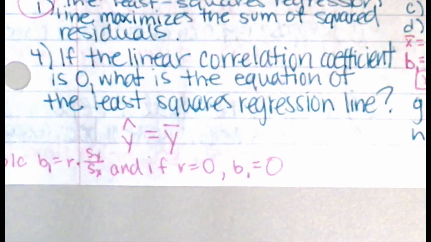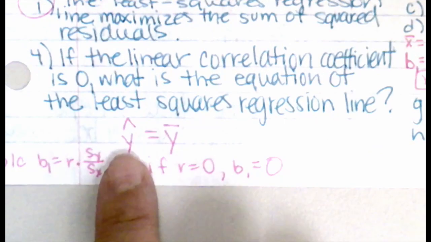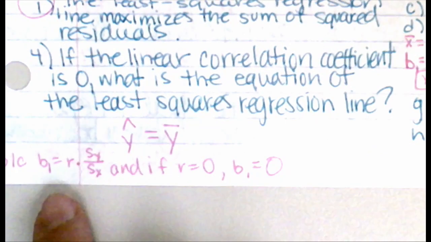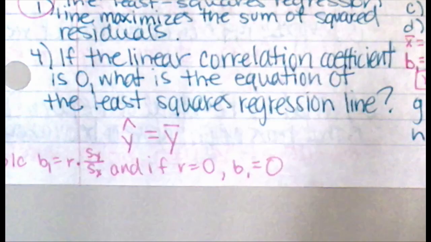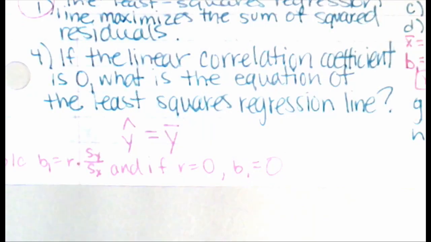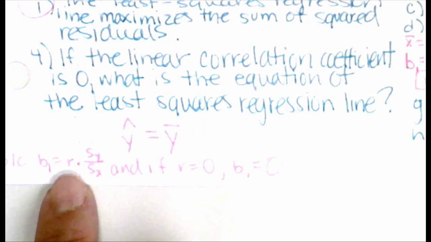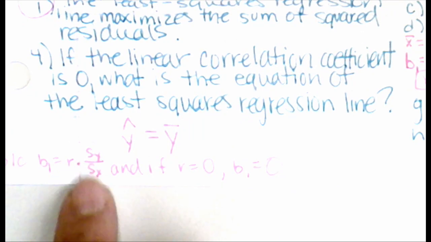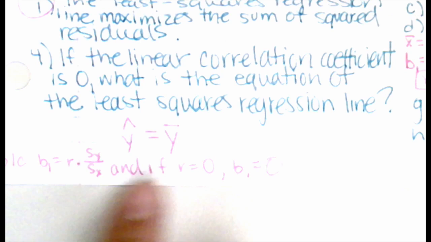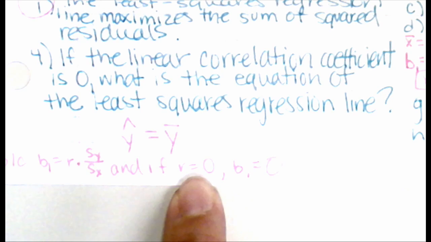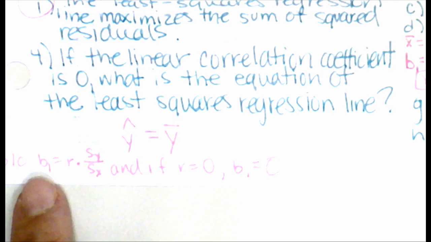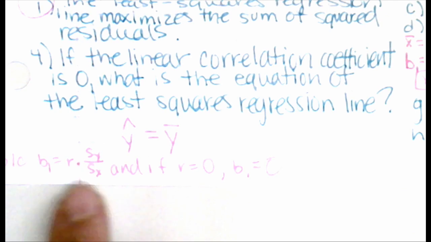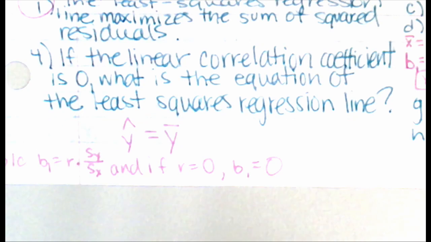When I am calculating the least squares by hand, it's y hat equals b1 times x plus b sub 0. b1 takes r and multiplies it times these standard deviations. So if r is 0, 0 times anything is 0. So that means that the entirety of the b1 value is 0.